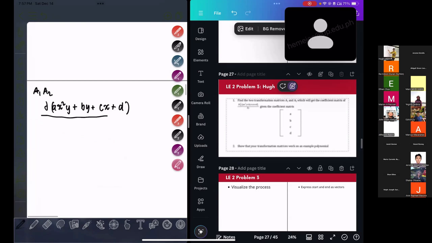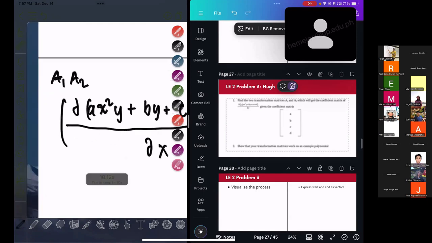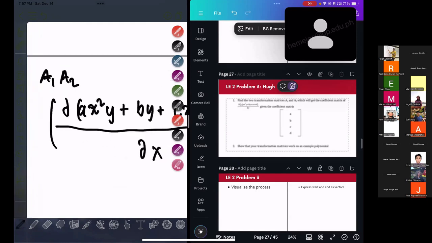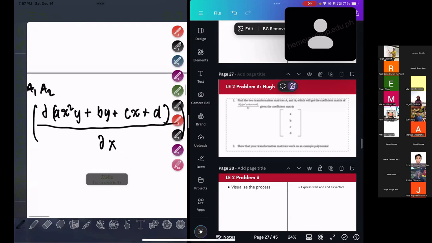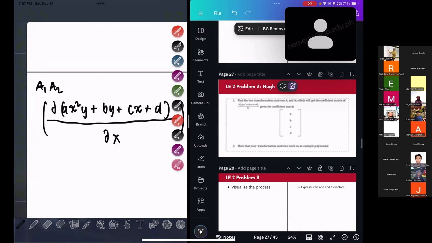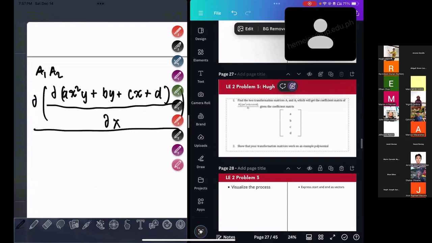It takes the partial derivative of that with respect to x, and then inside that you take the partial derivative. Wait, right. Yes, that's correct. Partial derivative of that with respect to x, and then partial derivative of that with respect to y.